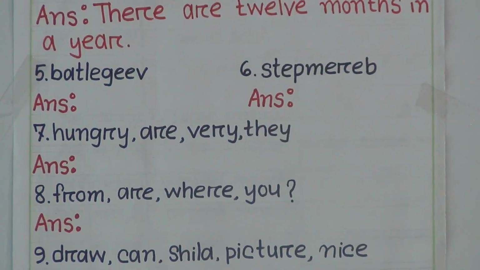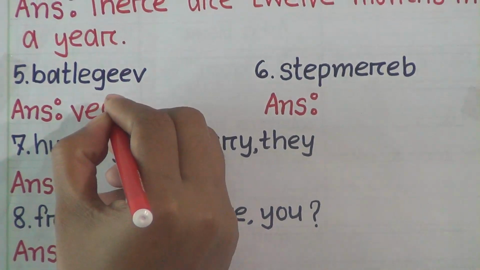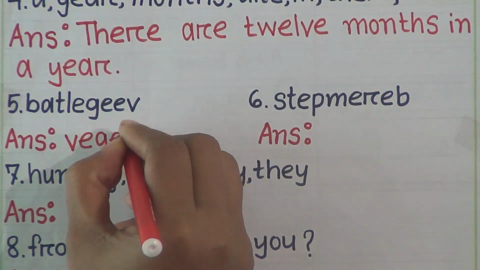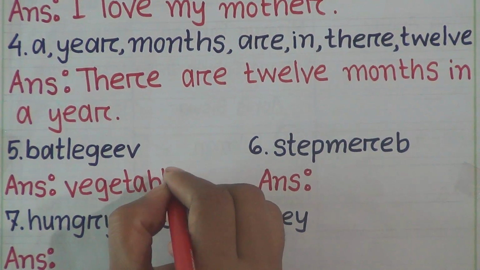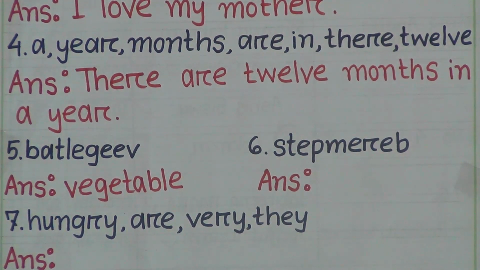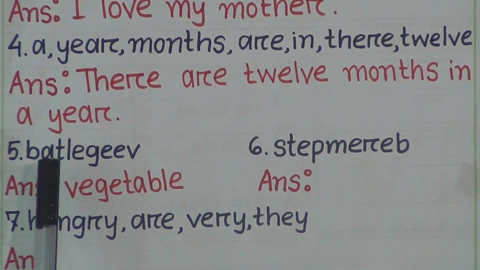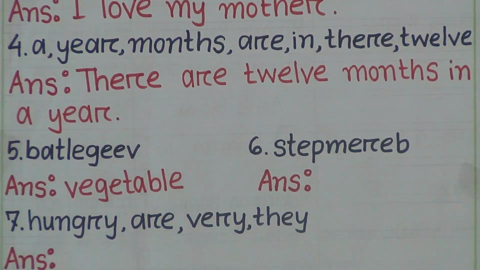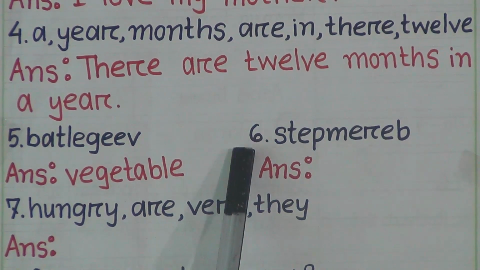The spelling is V-E-G-E-T-A-B-L-E. Vegetable. So the word will be vegetable.